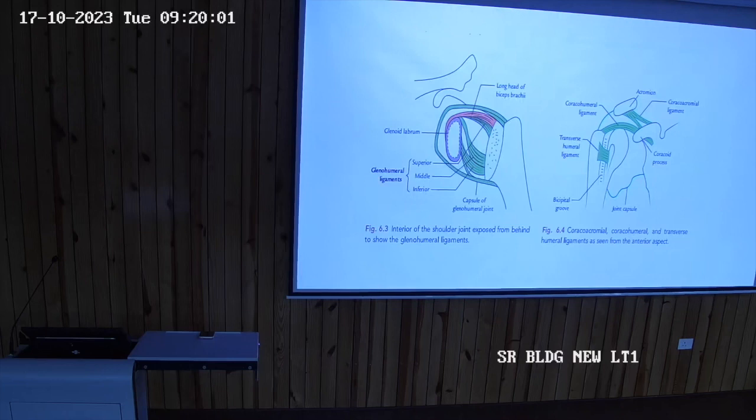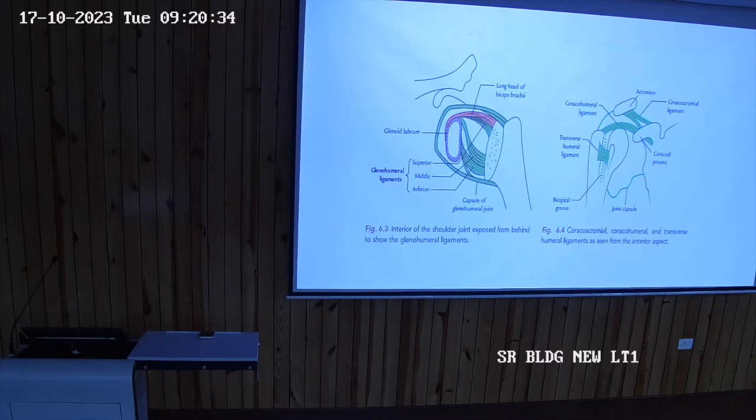This thin fibrous sheet surrounds the glenoid cavity of the scapula, and it is extending upward. Listen, completely surrounding the glenoid cavity and also reaching up to the glenoid labrum. Where is the glenoid labrum? That is lining over the outer surface. So glenoid labrum is also covered by this fibrous sheet.